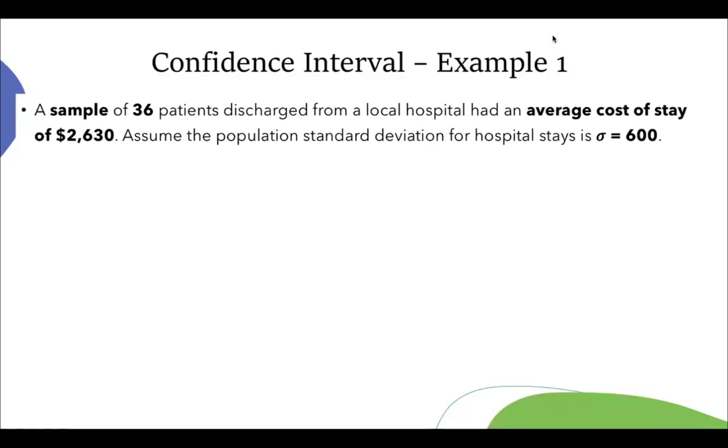Let's do our first problem with confidence intervals. I'm going to take this one a little slow and explain everything every step of the way, but when we get to the next problem, we can move right into the solution.